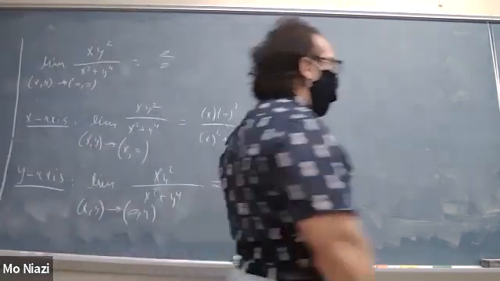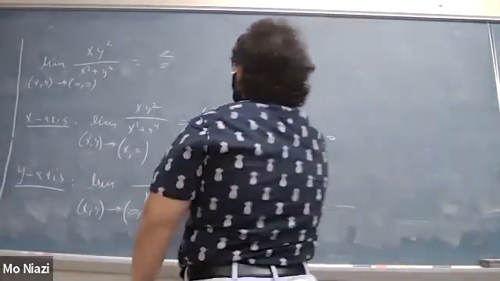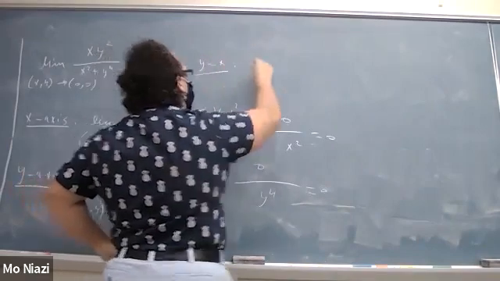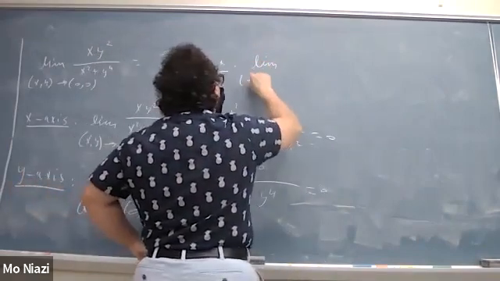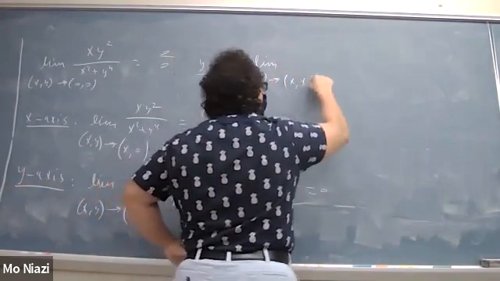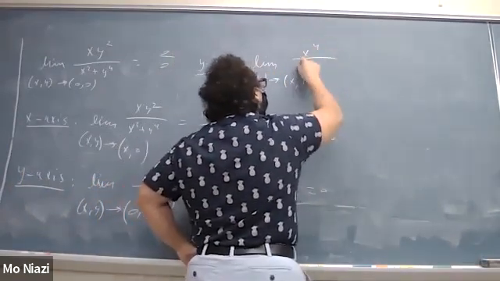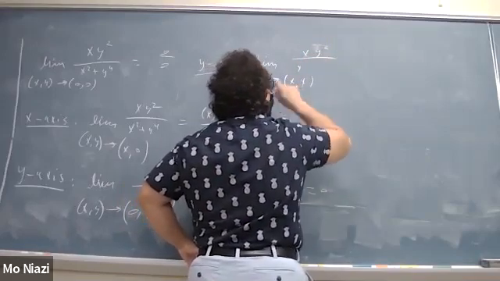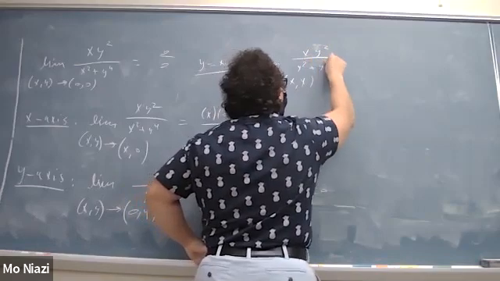Okay, what about that other technique? What about along y equals x? The limit as x, y approaches x, x of x y squared over x squared plus y to the 4th.